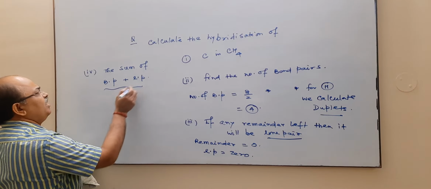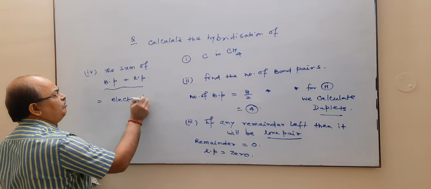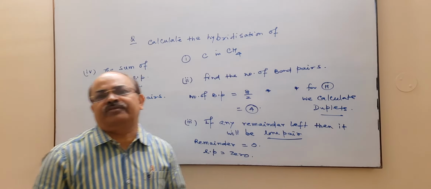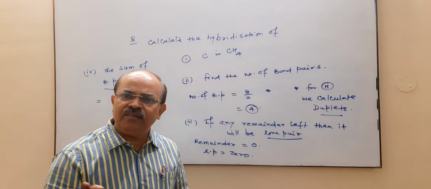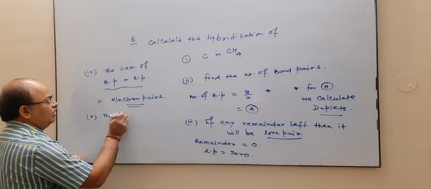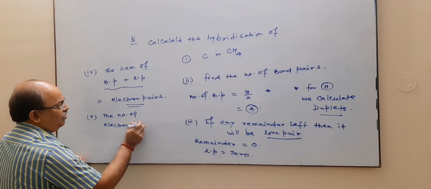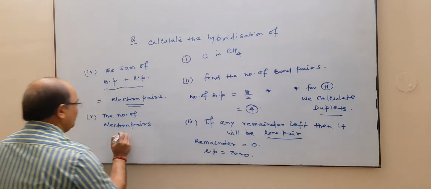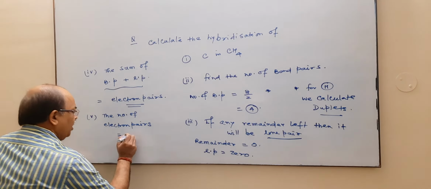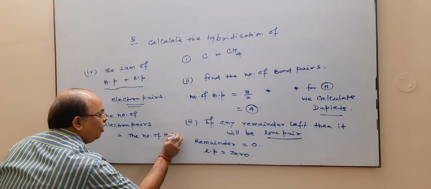The sum of bond pair plus lone pair is equal to your electron pairs. This sum is your electron pairs. क्लियर? And next point, the number of electron pairs is equal to the number of hybrid orbitals formed.